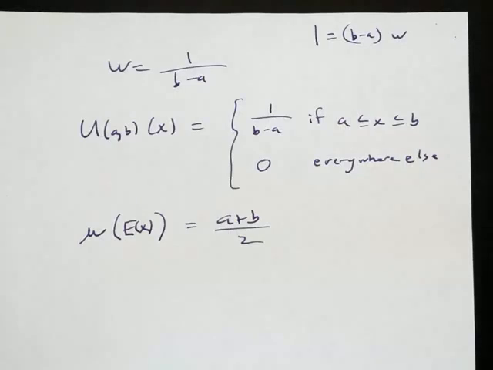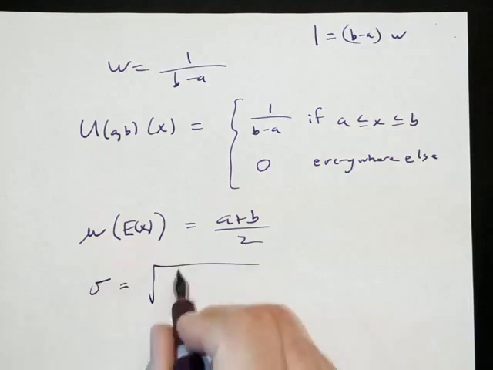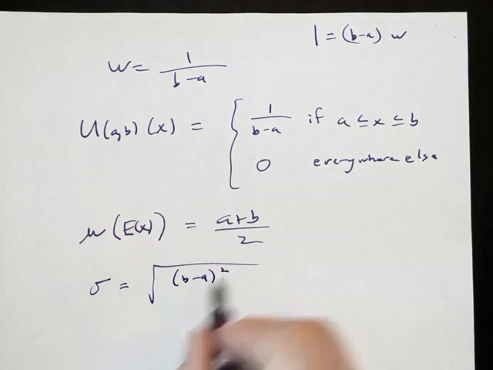I did tell you we didn't know how to do it last time, but I'll save it for the calc class. It turns out that the standard deviation is the square root of B minus A squared over 12.